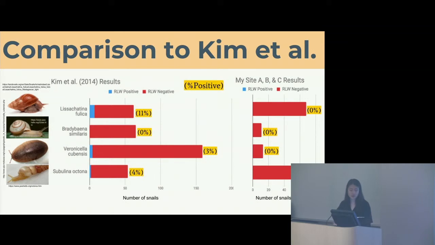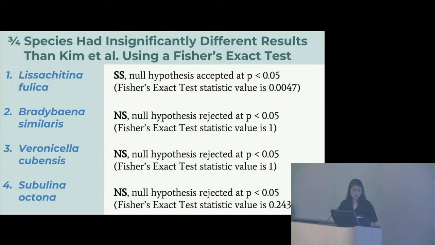And I'd like to mention that the species distribution of both was different because they were different studies, and I had different amounts of snails per species in each study. It was hard to accurately and proportionally compare the two studies. So I used a Fisher's exact test to measure the statistical difference between the results of my study and the 2014 study.